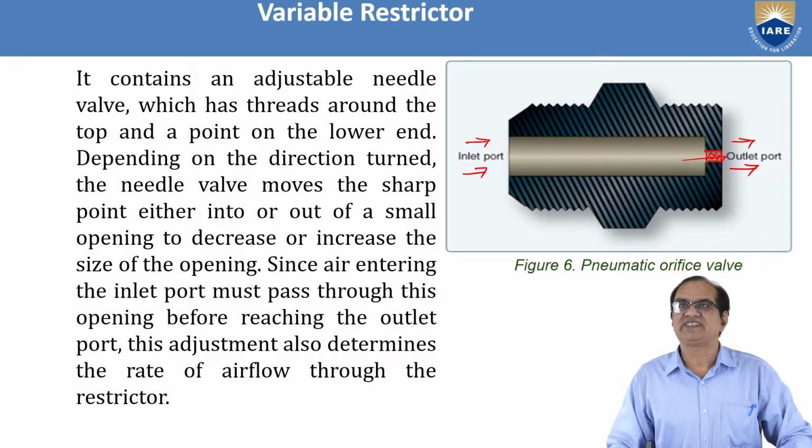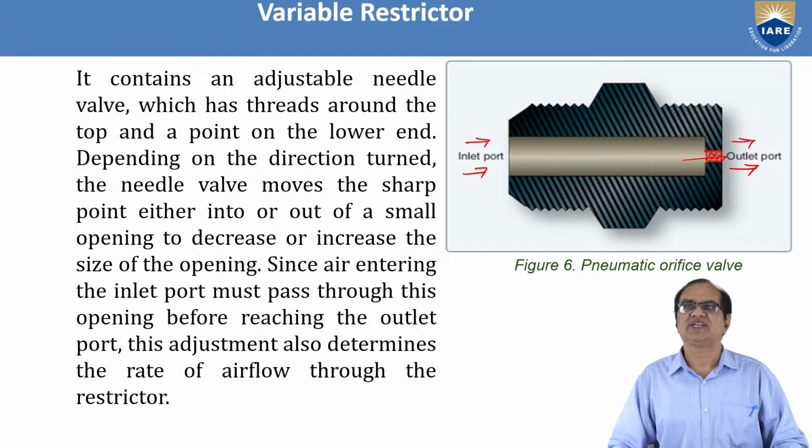It contains an adjustable needle valve which has threads around the top and a point on the lower end. Depending on the direction turned, the needle valve moves the sharp point either into or out of the small opening to decrease or increase the size of the opening. Since air entering the inlet port must pass through this opening before reaching the outlet port, this adjustment also determines the rate of airflow through the restrictor.